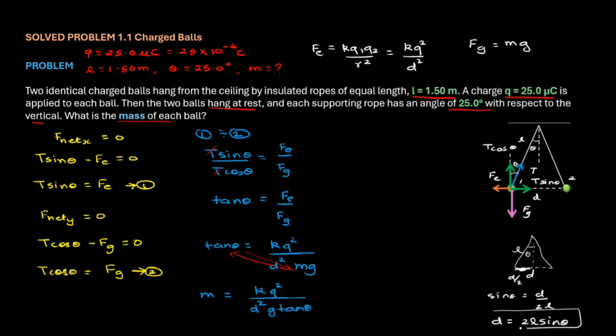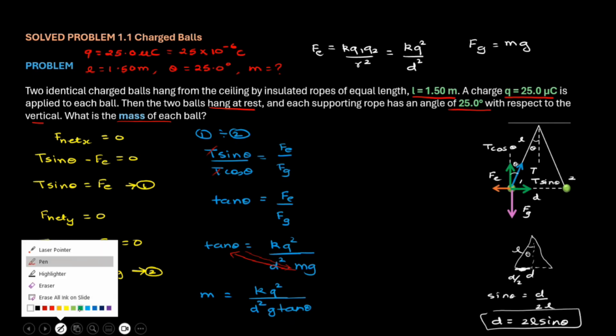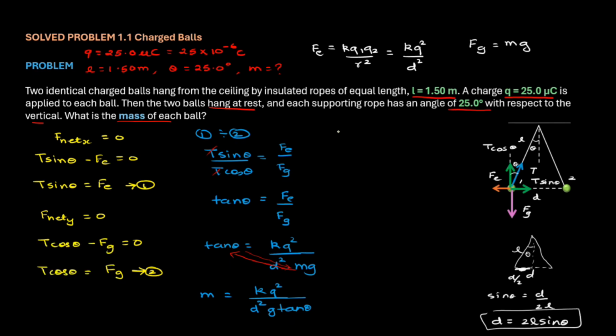I will substitute this in my expression for mass. When you do that, you can rewrite the expression for mass m as kq squared over d squared, so I'm going to take the square of this term, 2L sine theta squared, g tan theta.